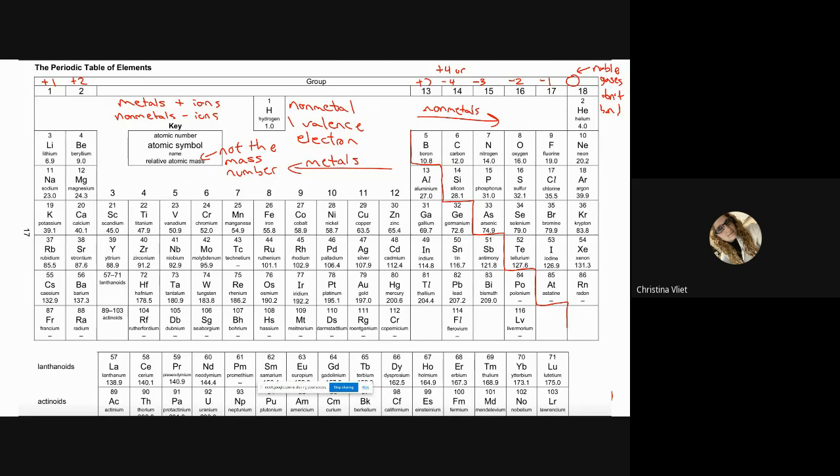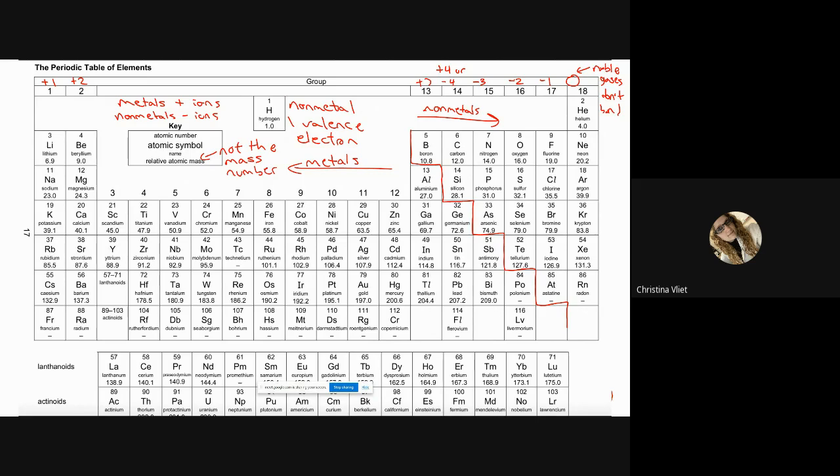So what does that mean? If you were to do calculations, you cannot use relative atomic mass for mass number. You're going to get questions where you're asked to calculate the mass number. It is not reading it off the periodic table. Do not read mass number off the periodic table. That's just something to know in advance, because these numbers are decimals. You cannot have 0.5 of a proton.